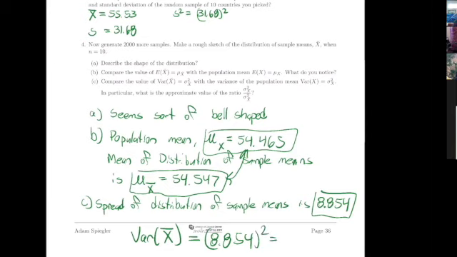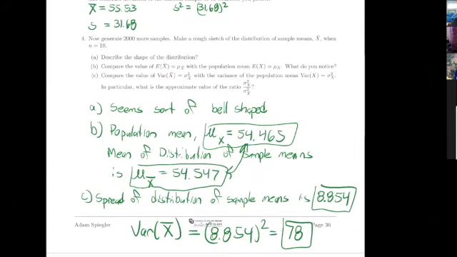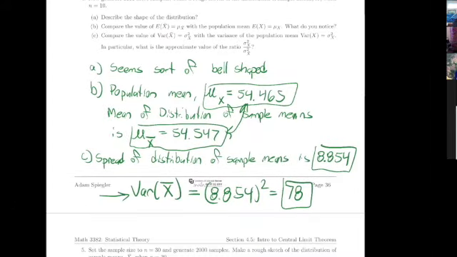So that's going to be about 78. So it's much smaller than the variance of the population.